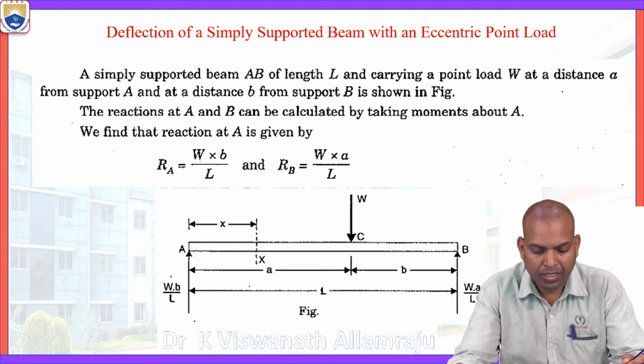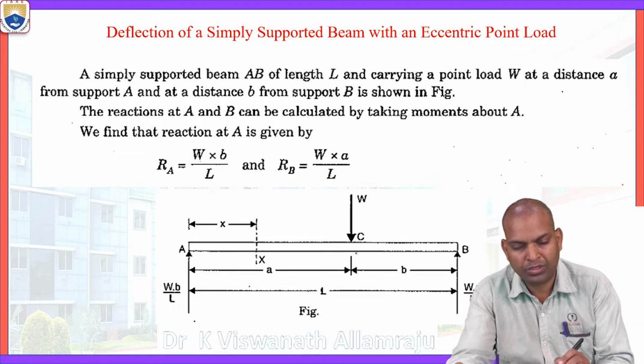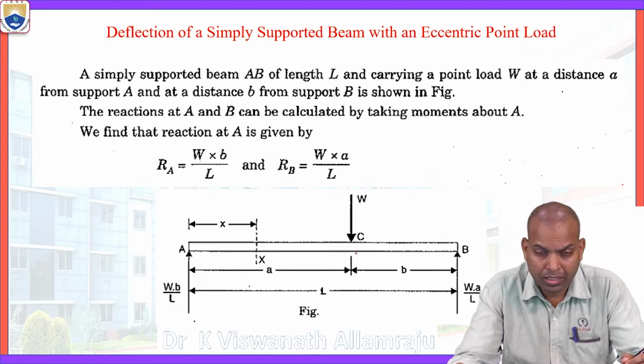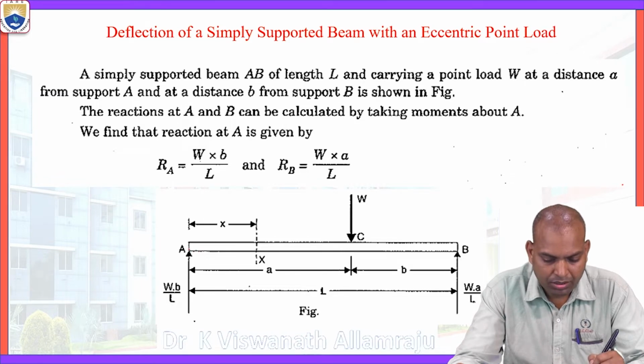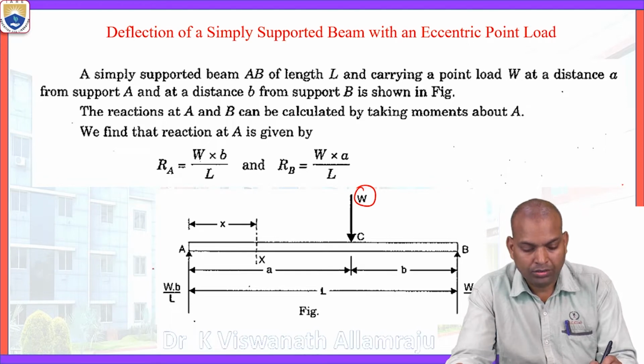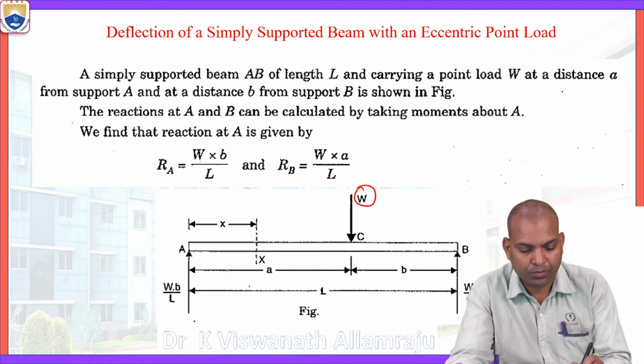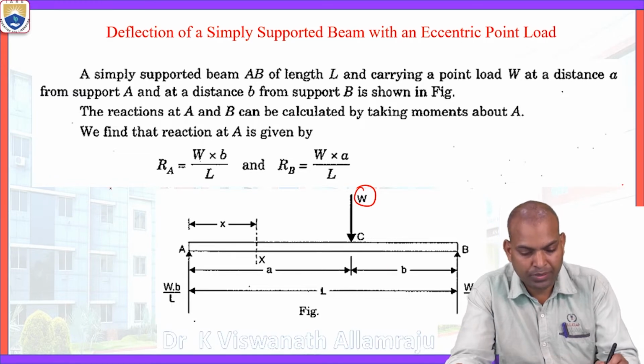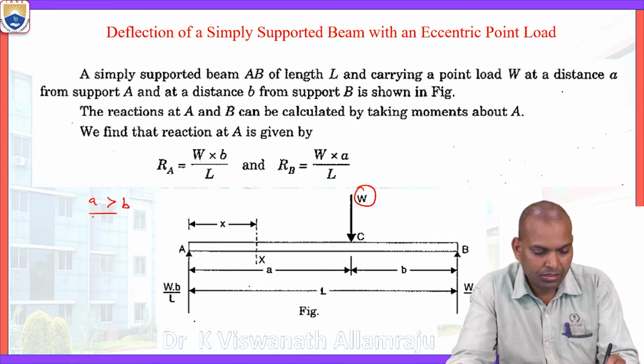Either it can be closer to the left support, or away from the left support, or closer to the right support, or away from the right support. Now in this case, the concentrated load W is acting at a larger distance from the left support A than from the right support B. Here a is greater than b.